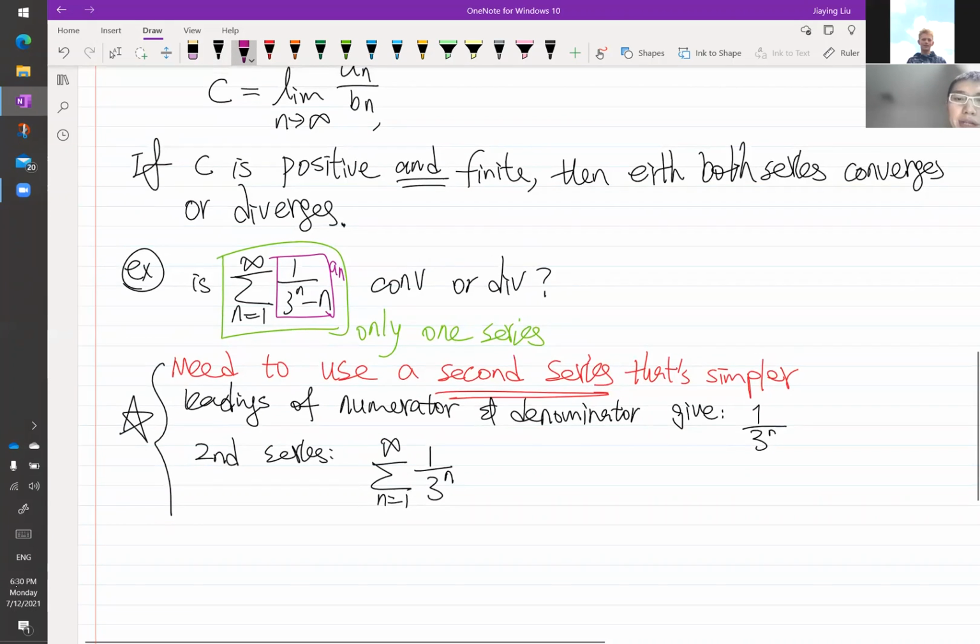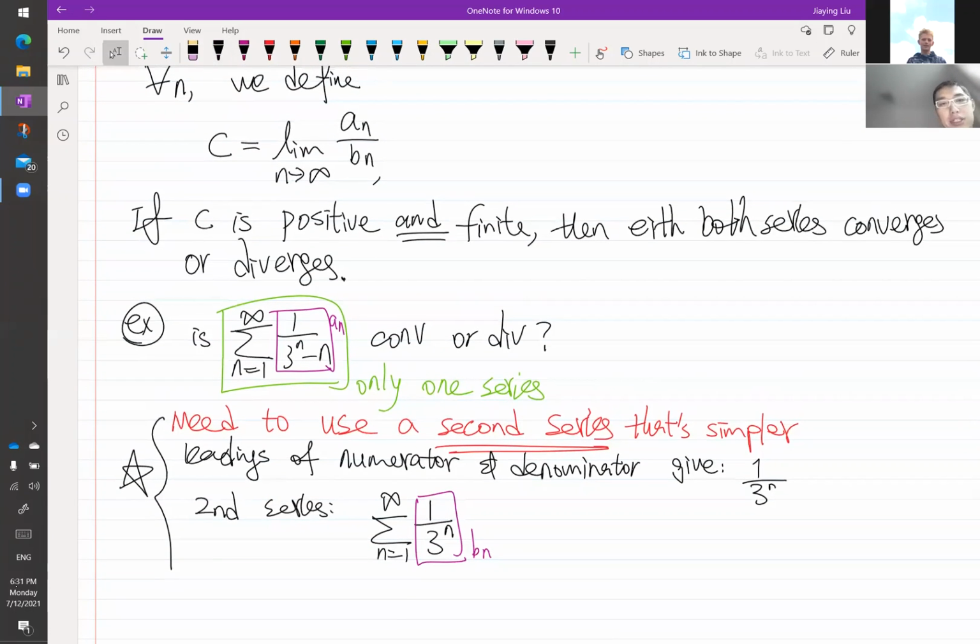After we have the second series, we have a b_n that we can use, which is just 1 over 3^n. And the a_n is already in the given series.